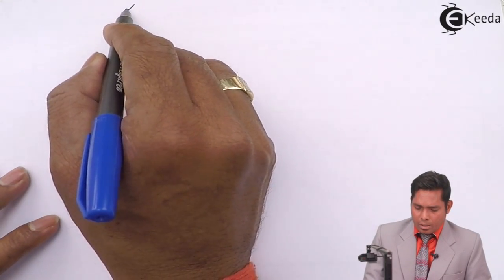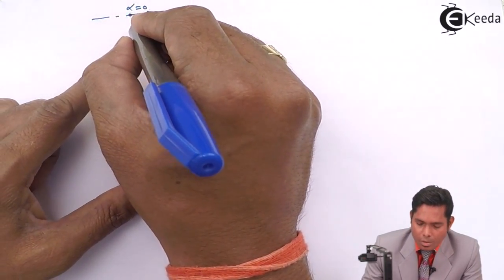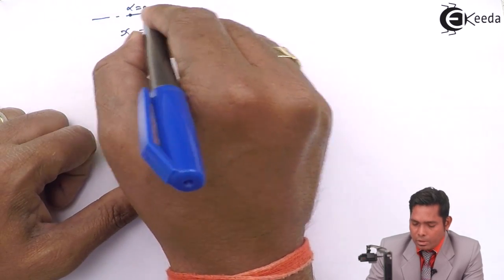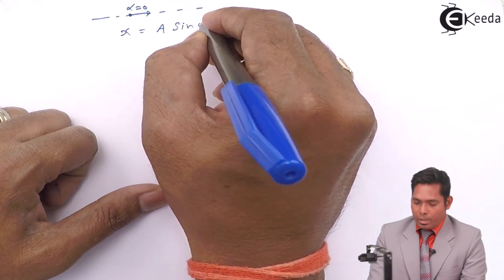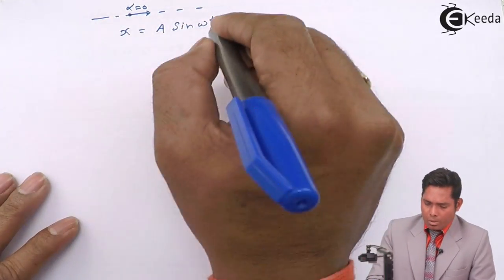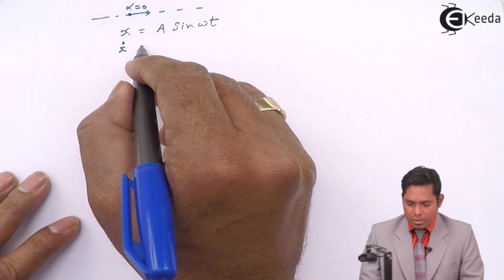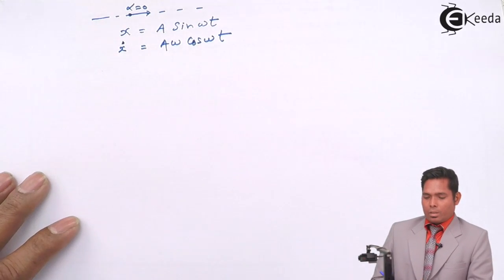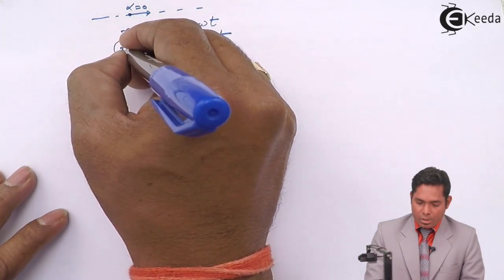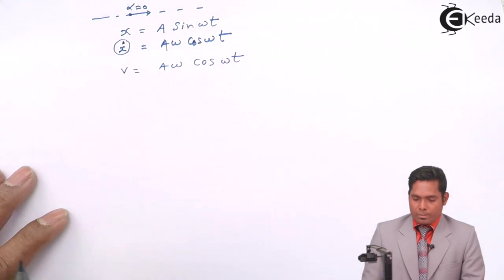First of all, we know that if a body starts its motion from the mean position, at alpha equals 0, then the displacement equation of SHM is given by x equals a sin omega t, because the alpha part is 0. If I differentiate this, x dot is a omega cos omega t. This x dot is your velocity. The velocity is a omega cos omega t.